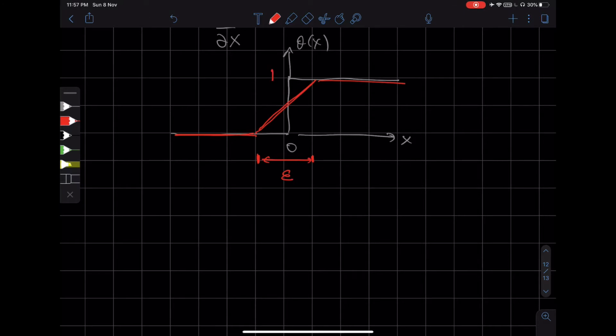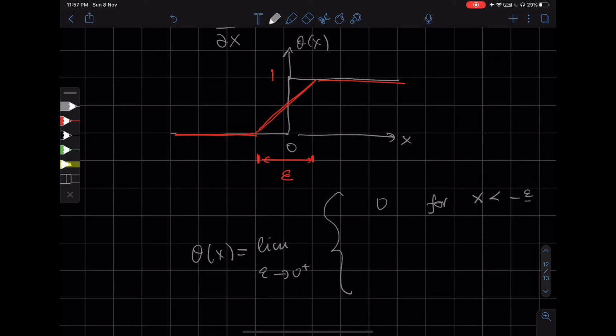And then we define a function such that the Heaviside theta function will be the limit of the function where epsilon goes to 0 from the positive side. And it'll be 0 for the value of x less than minus epsilon by 2. That is this part of the x-axis. And it'll also be 0 for the value of x greater than epsilon by 2.